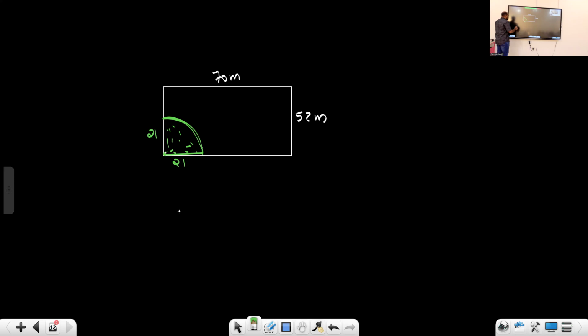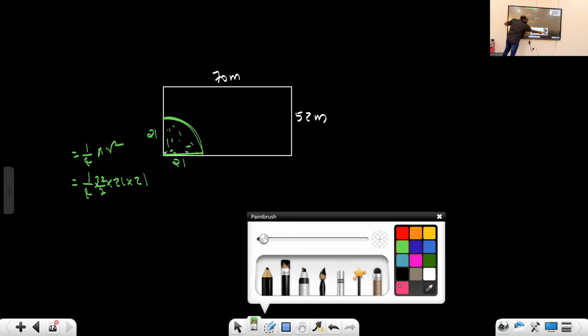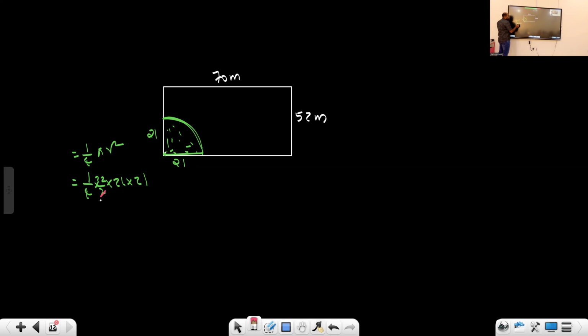So 1 by 4 pi, pi is 22 by 7, r is 21, 21 into 21. 1 by 4 pi r square. Now here, this and this cancelled, 3, 2, 33 into 21 by 2.